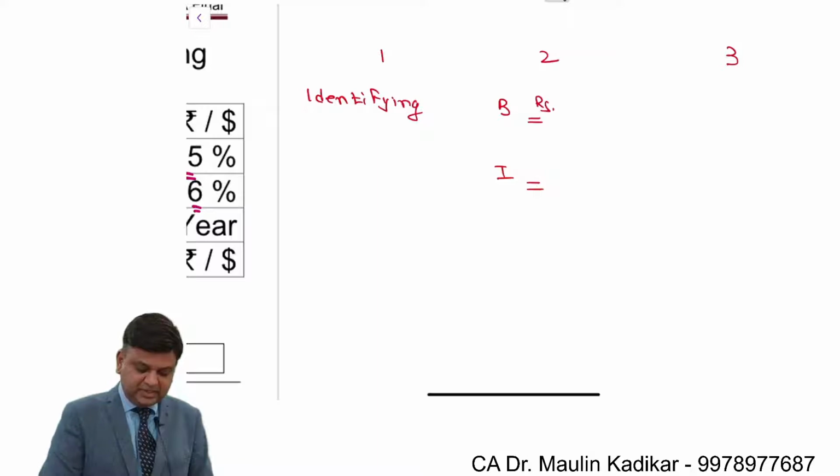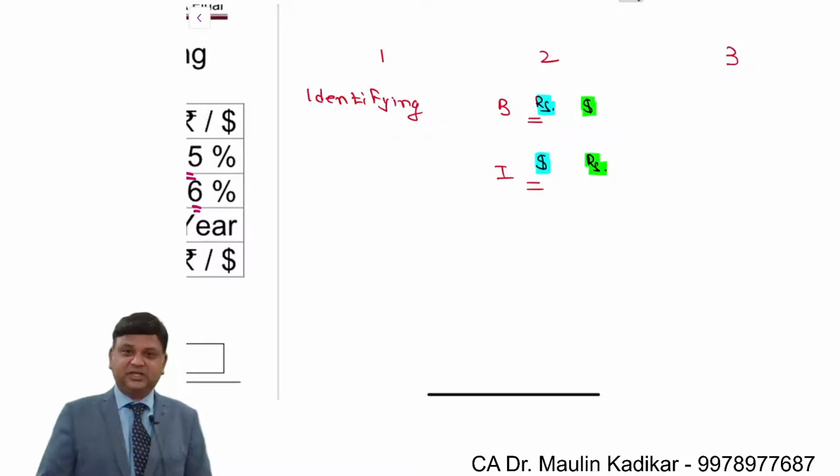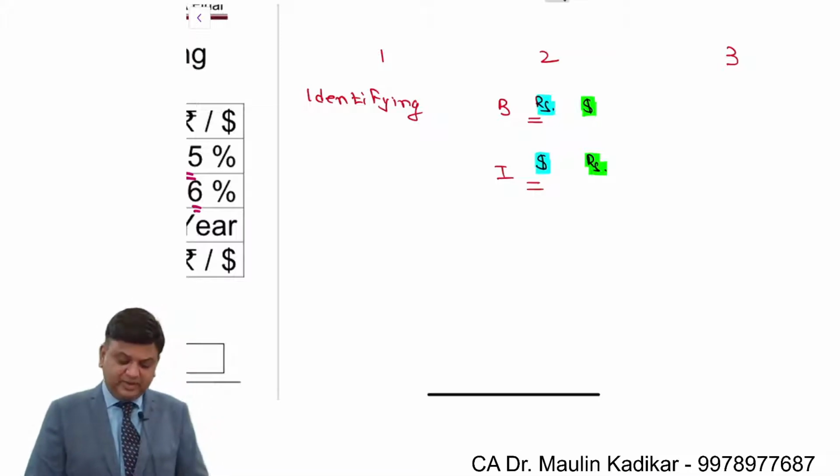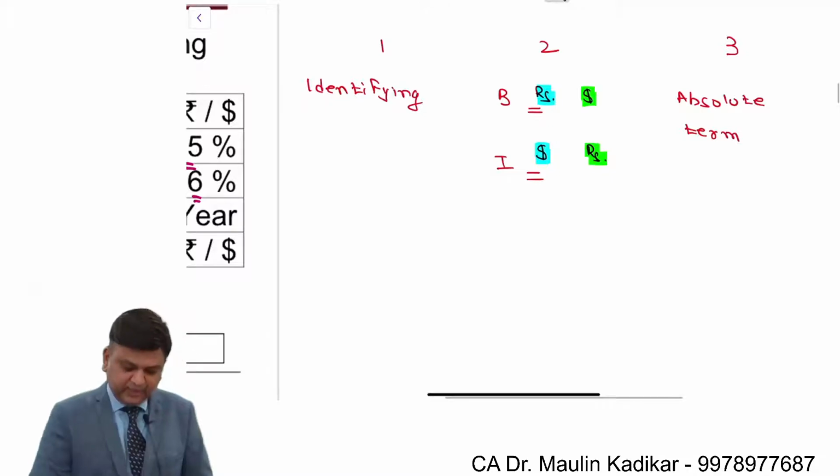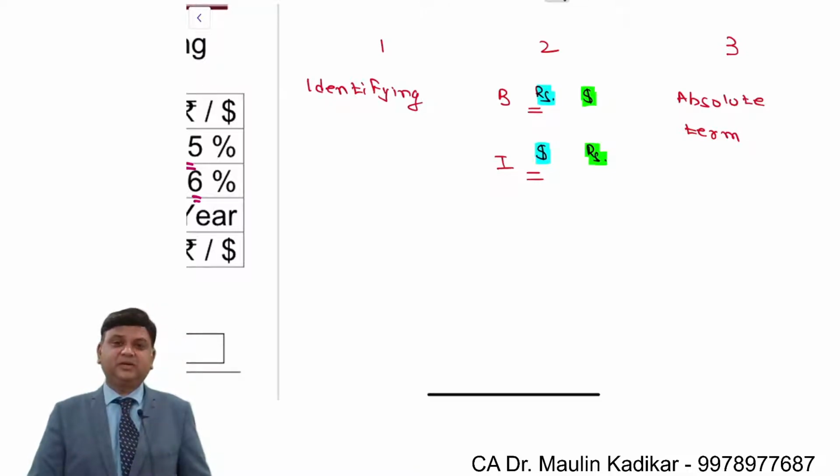Should you borrow rupees and invest in dollar, or borrow dollar and invest in rupees? Whether you should enter into this set of transactions or that set is required to be decided upon. And then third, you are required to make the calculation in absolute terms. Of course, step number 2 and step number 3 will come into picture only if there is an opportunity of arbitrage existing.